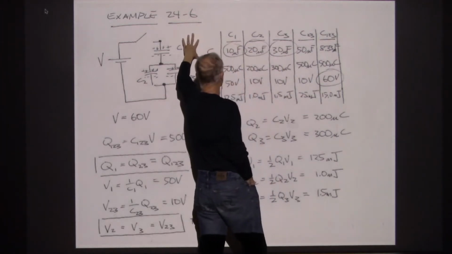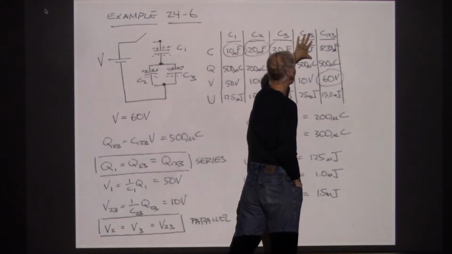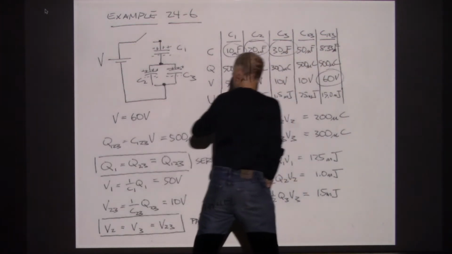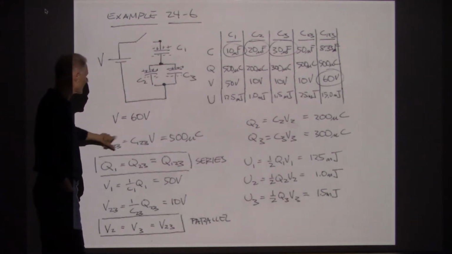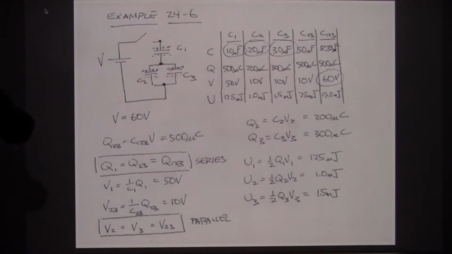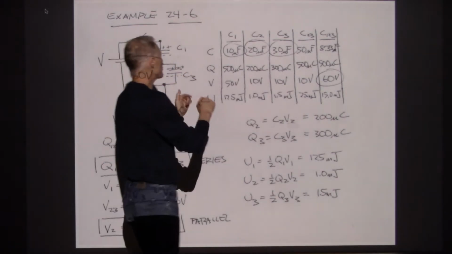So what I can do is I can complete row number 1, the row at the top, to get the net equivalent capacitance, use this formula, Q is equal to CV, to get the charge on that equivalent capacitor, and then I can work back through the table.